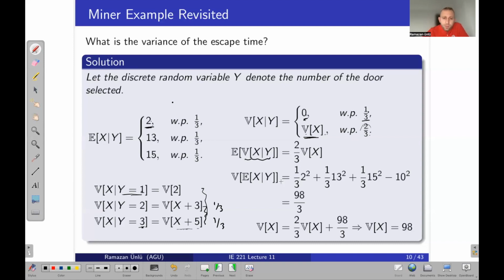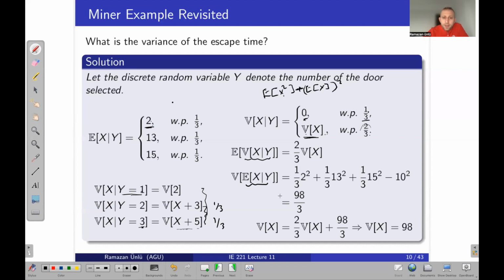And the second term is the variance of the expected value of x given y. So again, that can be considered as a random variable. And remember, we can calculate the variance of x as the expected value of x squared minus the square of the expected value of x.